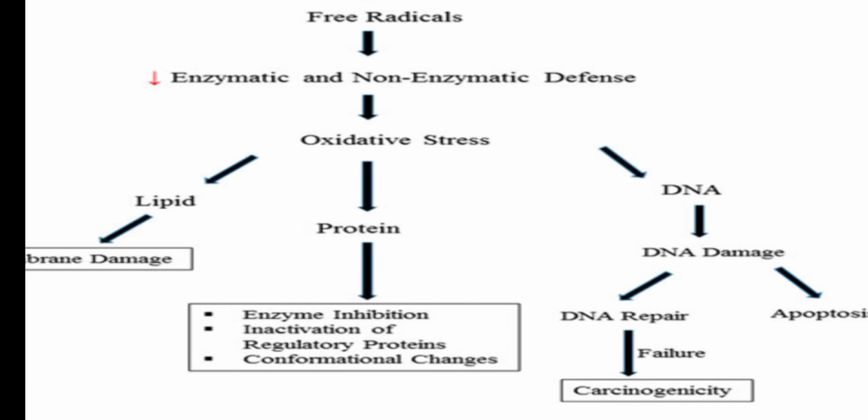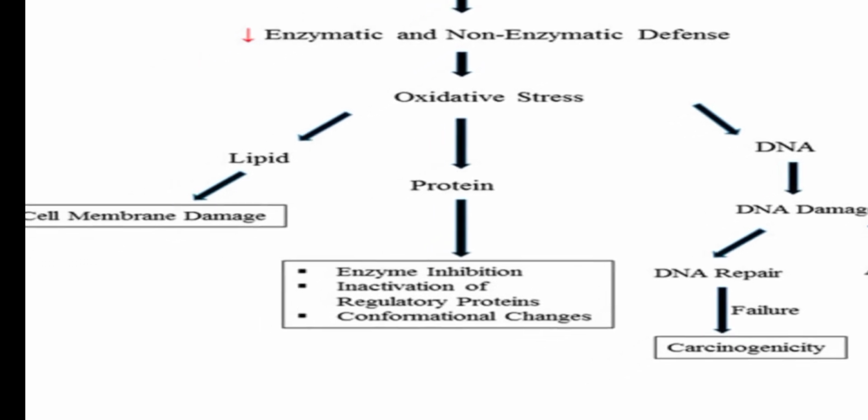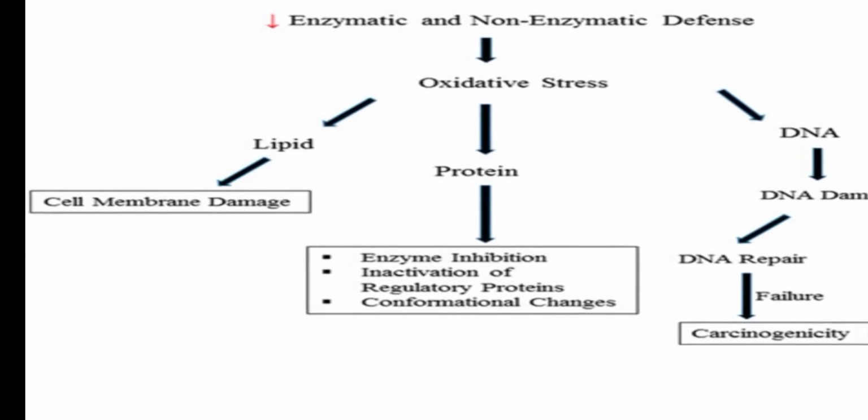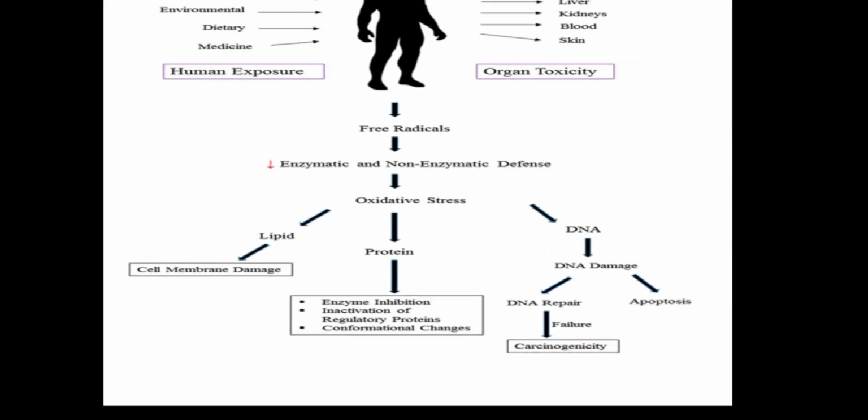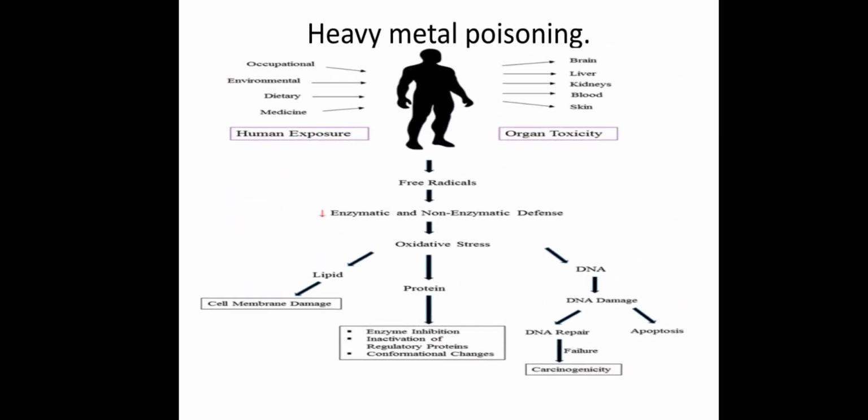So how does cancer develop in a person? In lipids, cell membrane damage; in oxidative stress, protein enzyme inhibition, inactivation of regulatory proteins, conformational changes. So in this way, heavy metal poisoning affects our life and the myelin sheath.